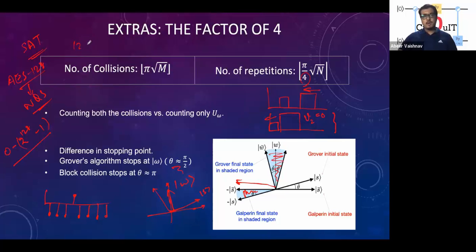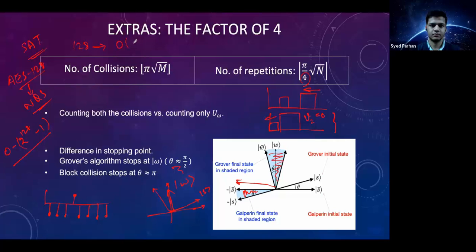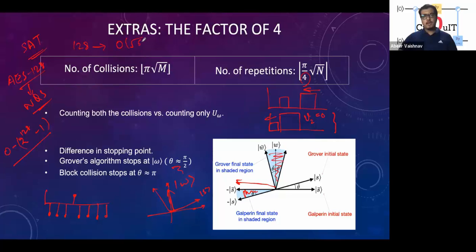Okay, so they just need 128 qubits, and they can find the key in big O of under root n, that is under root 128, that is about O of 64.